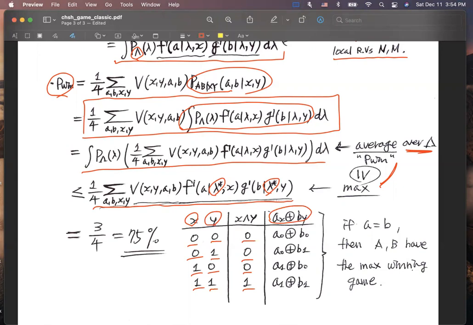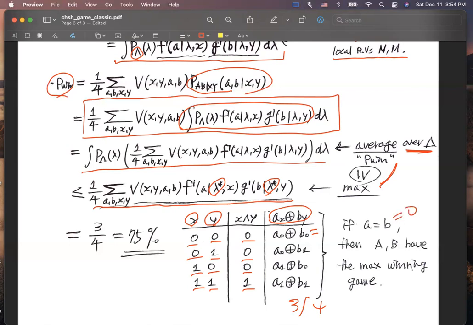Suppose they have a game strategy where, for any x and y values, Alice and Bob return the same value, 0, 0, 0, 0, or 1, 1, 1, 1. In that case, they can win the game 3 out of 4 times. Suppose Alice and Bob send the same value 0.